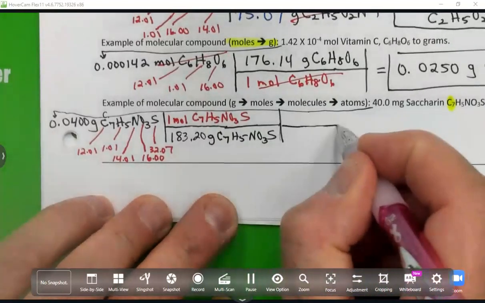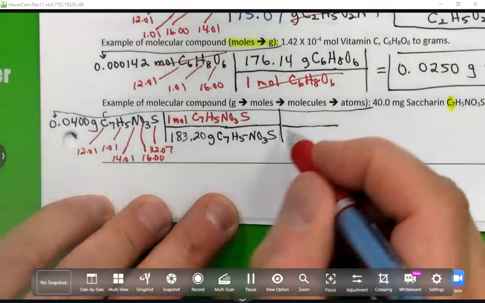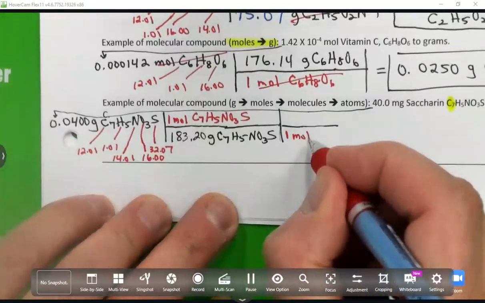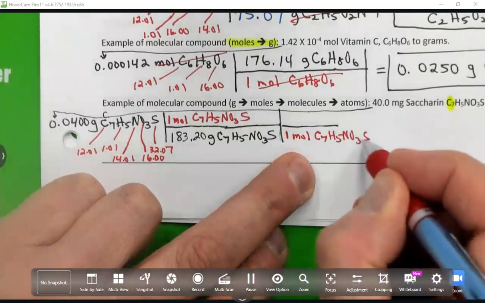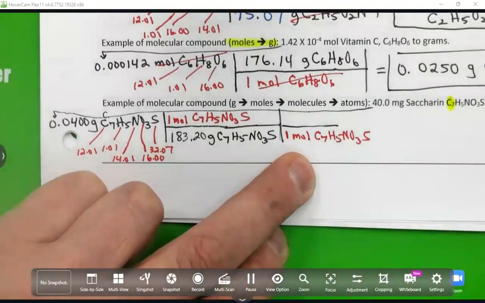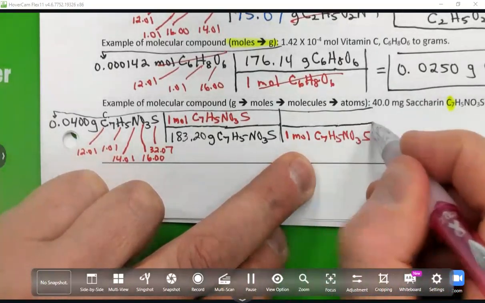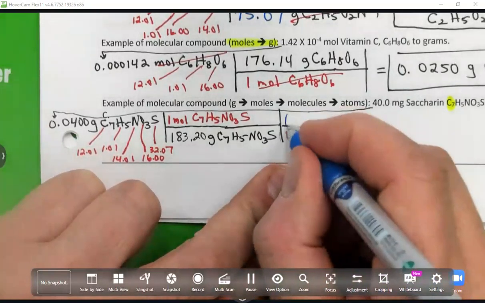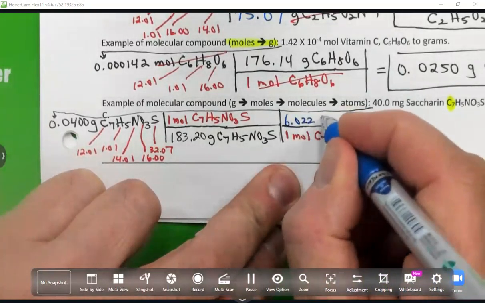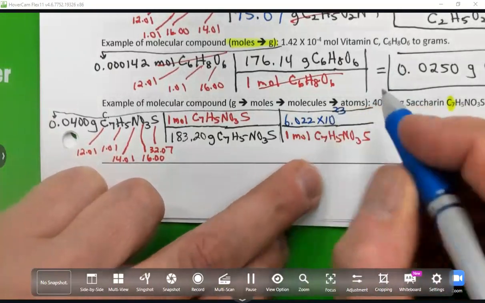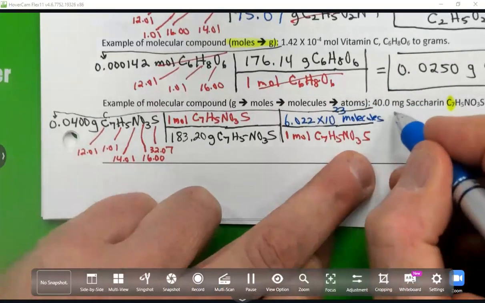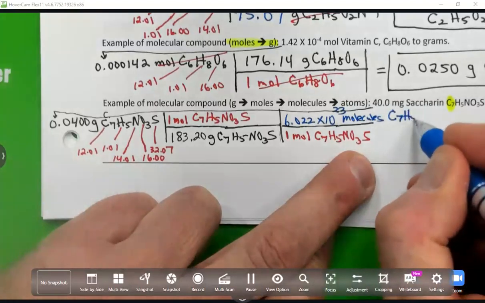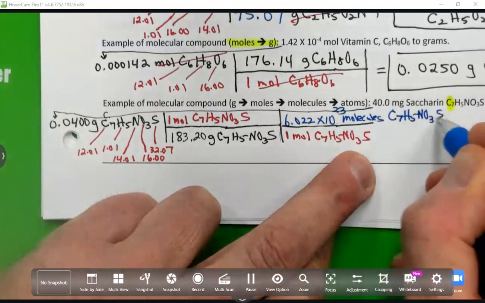Okay, then we're going to go 1 mole of C7H5NO3S is going to be 6.022 times 10 to the 23rd molecules C7H5NO3S.